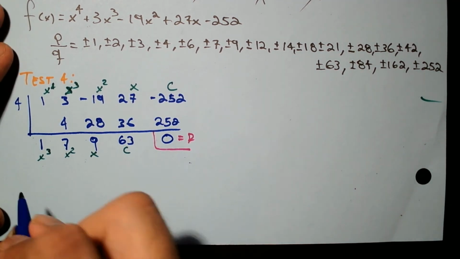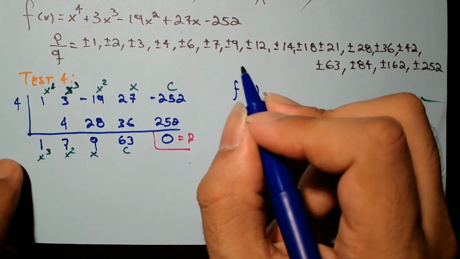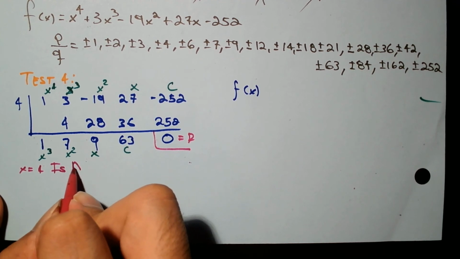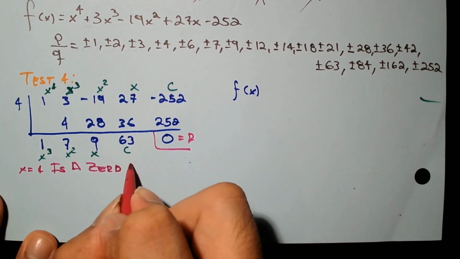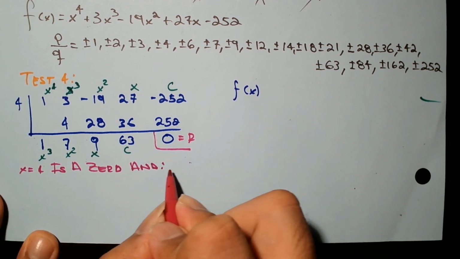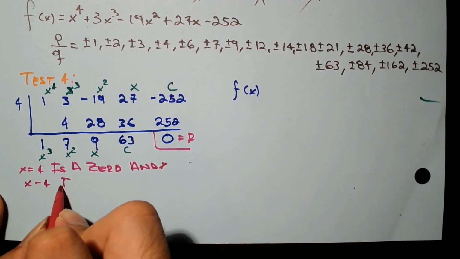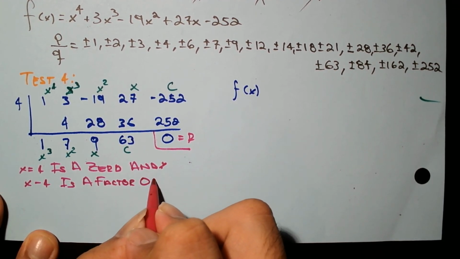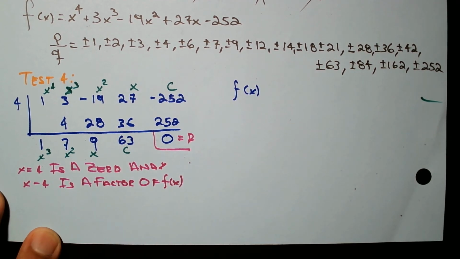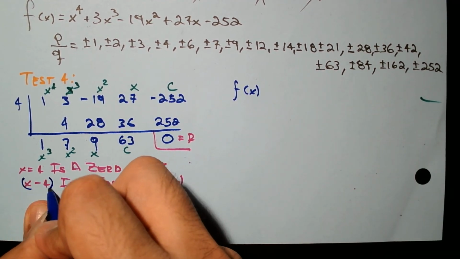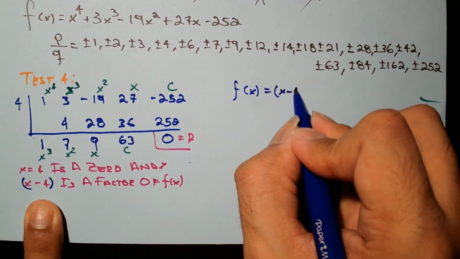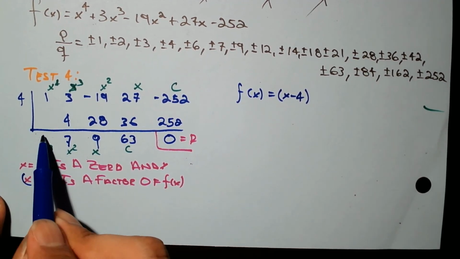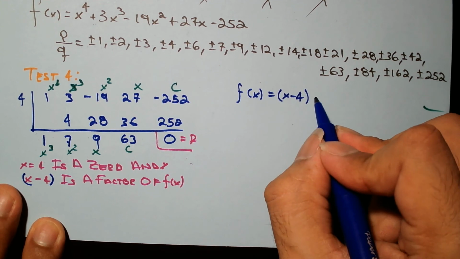So our given f of x, well, x equals 4 is a zero, and consequently x minus 4 is a factor of f of x. So f of x is going to be x minus 4 times x cubed plus 7x squared plus 9x plus 63.